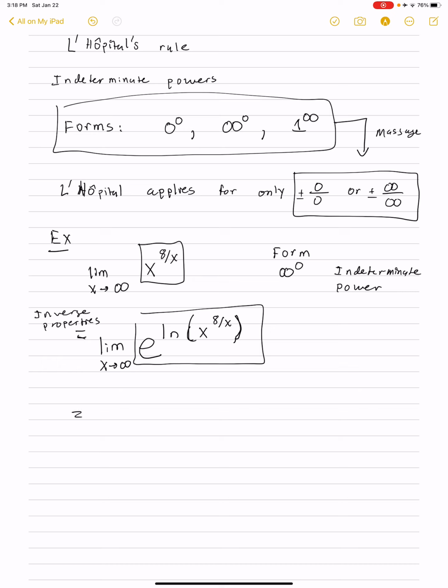Okay. Now, what I'm going to do is, because the exponential is a continuous function, I can bring the limit into the numerator, and this is e to the ln of x to the 8 over x. Now, I can bring that exponent down. It's going to be 8 over x times ln of x.